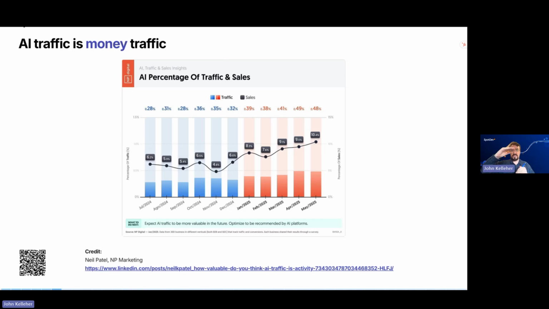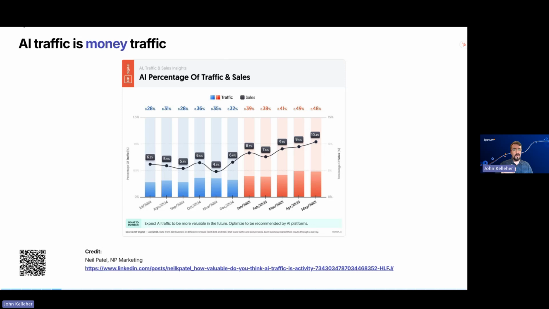He is showing, on the bar portion of this chart, the amount of traffic that this website is gaining from AI traffic, and the line is showing the number of conversions. And while both are, broadly speaking, going up when you look at the trend line, the traffic is going up at a slower rate than the conversions are.